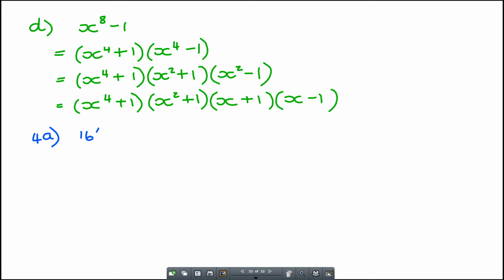16x, sorry guys, that's it. x minus y squared minus 1. Okay, so how many terms do I have here? 2. Is there a minus in between? Can I get square root of each? Yes. So I'm going to use block brackets for now.